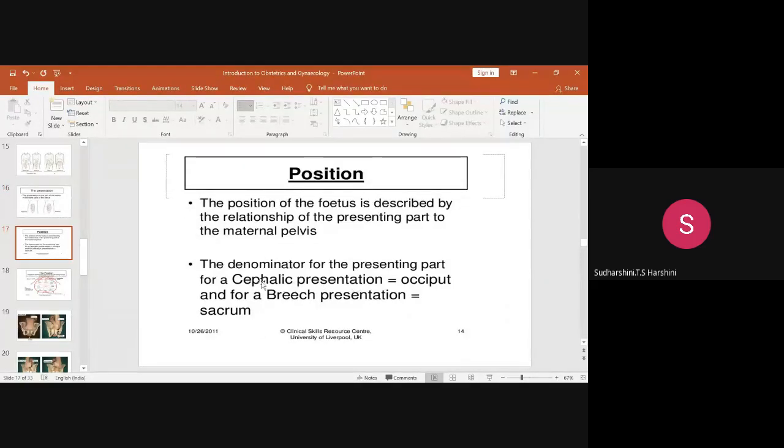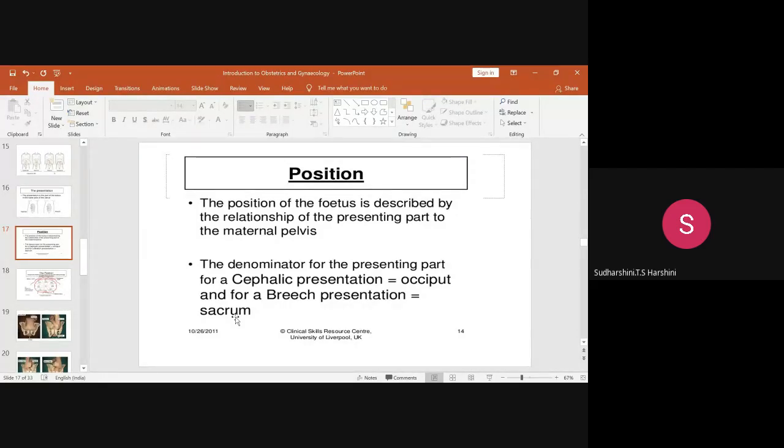In cephalic presentation, the denominator will be the occiput. The denominator is a prominent bony point on the presentation, which is used to describe the position. Only if you know the denominator of a particular presentation, you will be able to tell the position. So for cephalic presentation, the denominator is the occiput, and for breech presentation, the denominator will be the sacrum. Just understand this, and now we'll see examples.